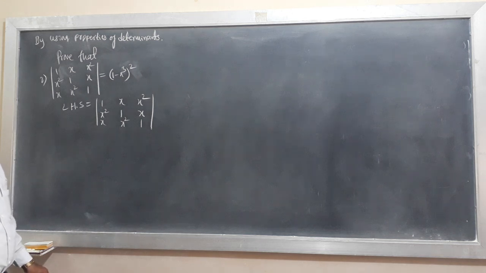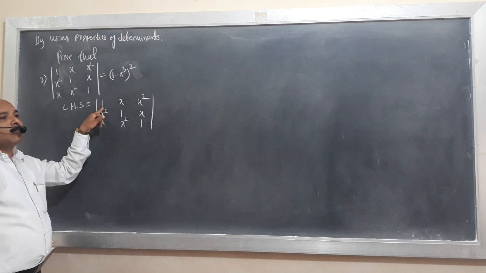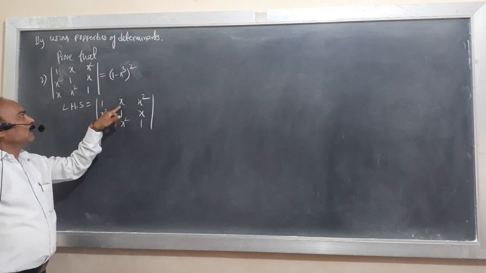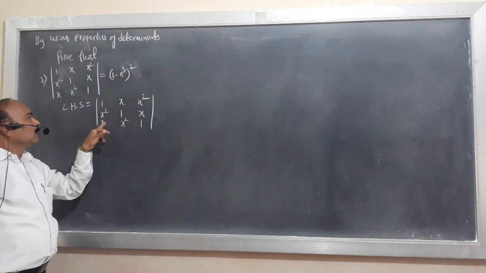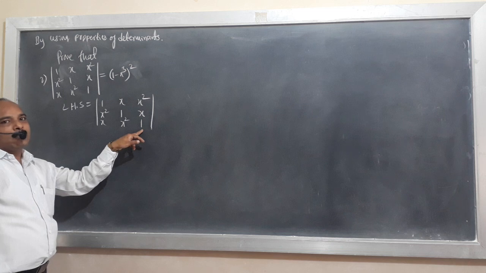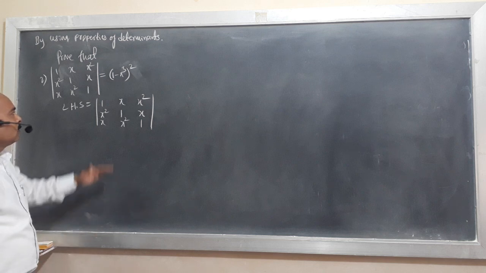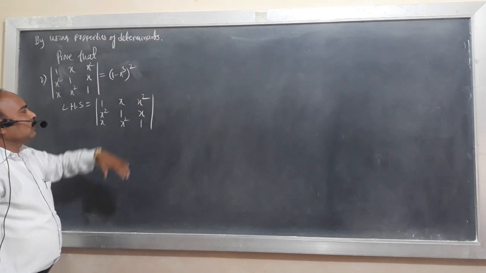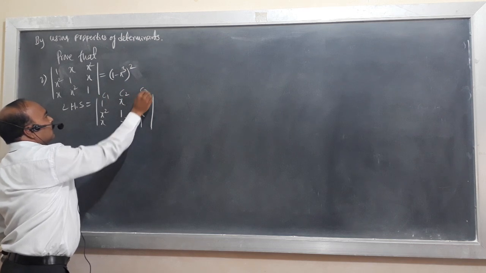This can be done either by row wise or column wise transformation. If you take column wise transformation and add all the 3 columns, it is 1 plus x plus x square, x square plus 1 plus x, x plus x square plus 1. Everywhere we get the same term, 1 plus x plus x square, by adding the columns. Otherwise we can try row wise transformation also. Now it is C1, C2, C3.